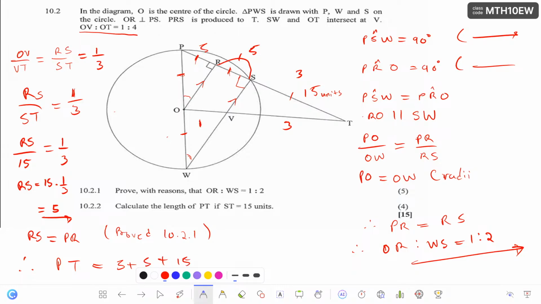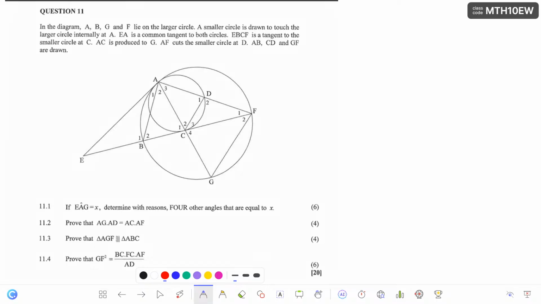So is this 5 plus this 5 plus this 15? Which is 25 units. So now you have your 15 marks. So okay, now I think we are going to the last question. Yeah, last question, 20 marks.